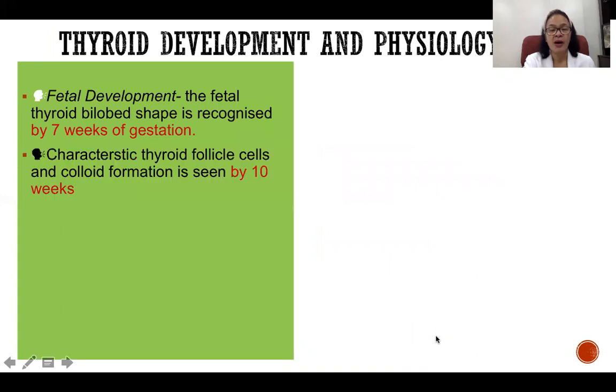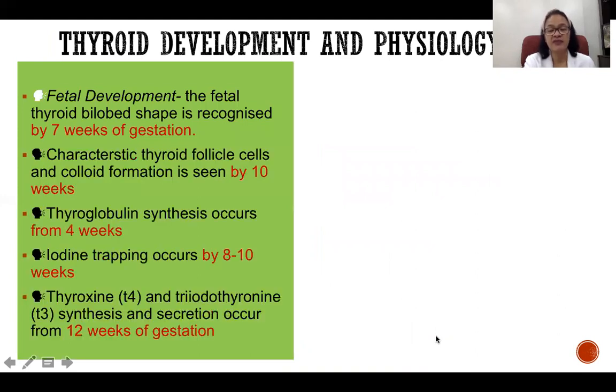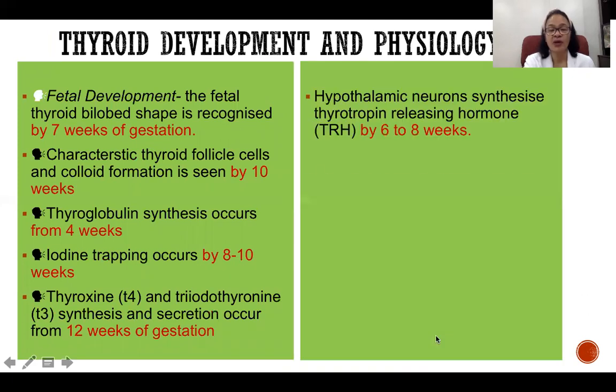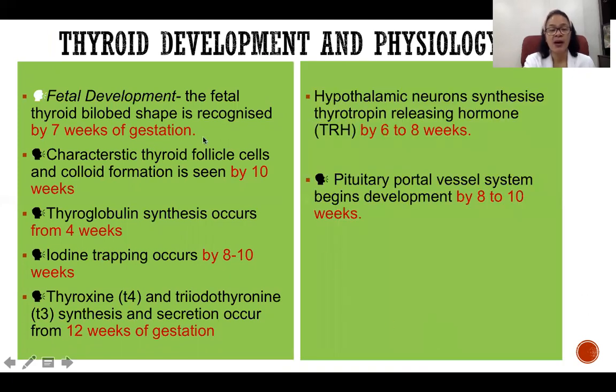Okay, so let's just review the development and physiology of your thyroid. During the 7 weeks of gestation, you can recognize the thyroid to be bilobed in shape.